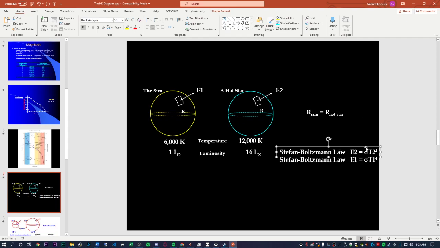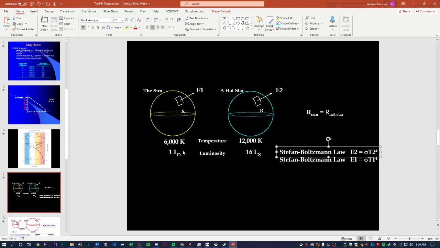And if you were to do that in your calculator, it's actually 16. 2 times 2 times 2 times 2 is 16. So the total output, or the total luminosity, the total energy radiated by the star, is 16 times the energy of star 1.